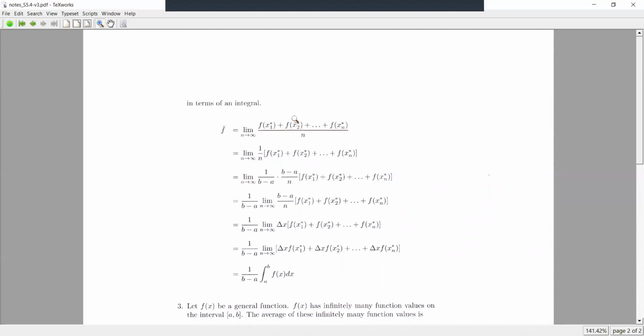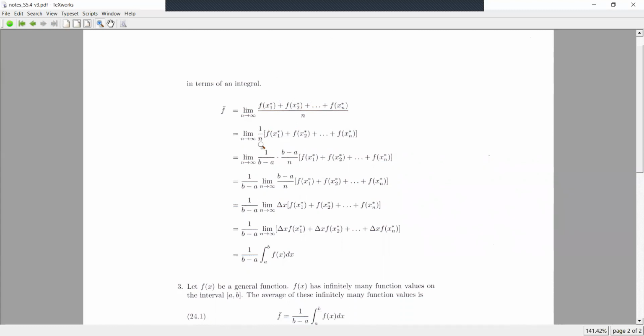Let me write this quotient as 1 over n times this sum. Next, let me write 1 over n as 1 over b minus a times b minus a over n. B minus a is constant, so 1 over b minus a is constant. It doesn't depend on n. So I can move this number outside the limit to get this equation.